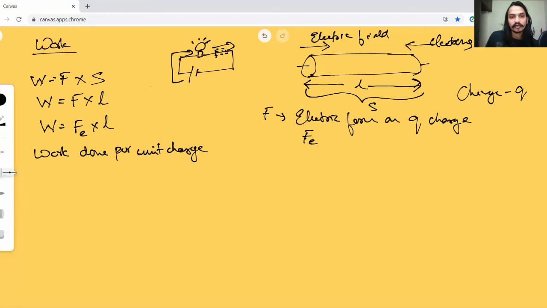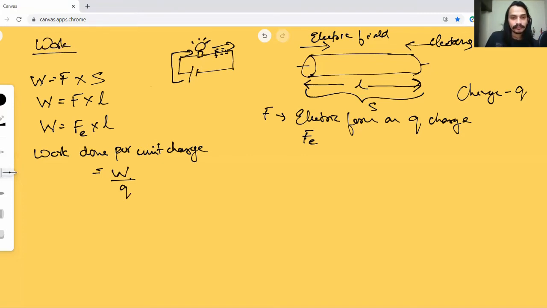Okay, if the total free charge is Q and this is the total work, then I will say work done per unit charge is nothing but work done per the total charges, right? Whatever the charges are. If you divide these two, you'll get work done per unit charge.